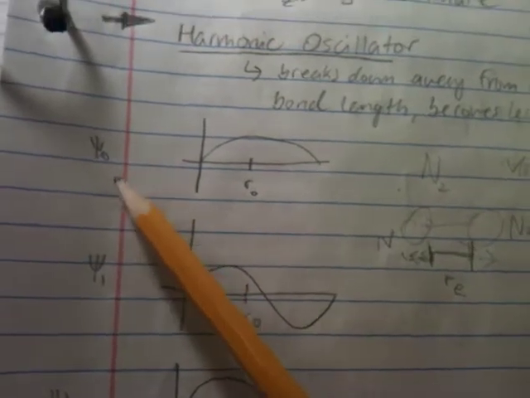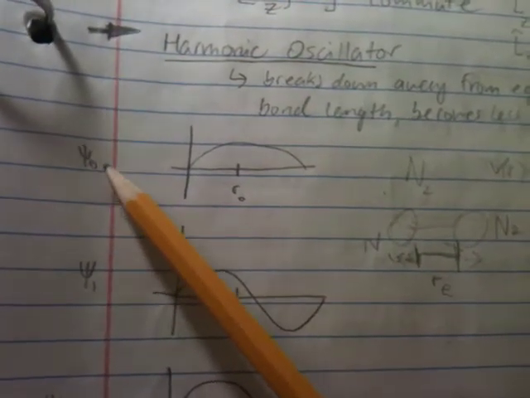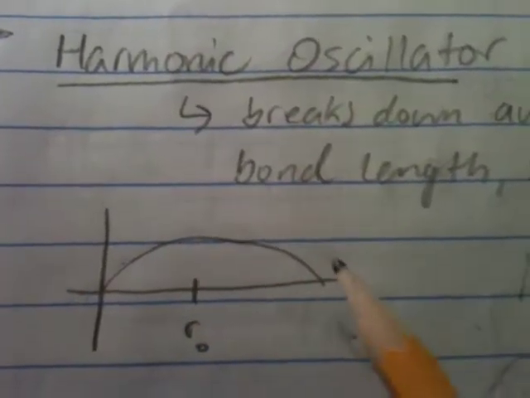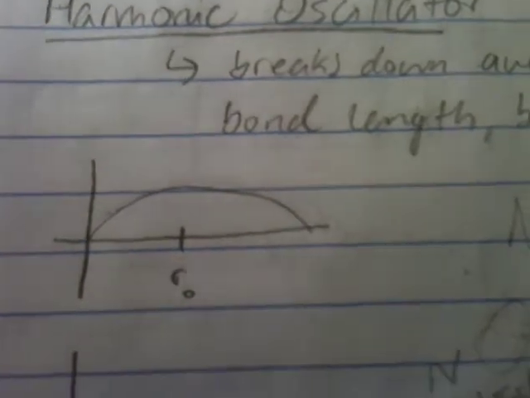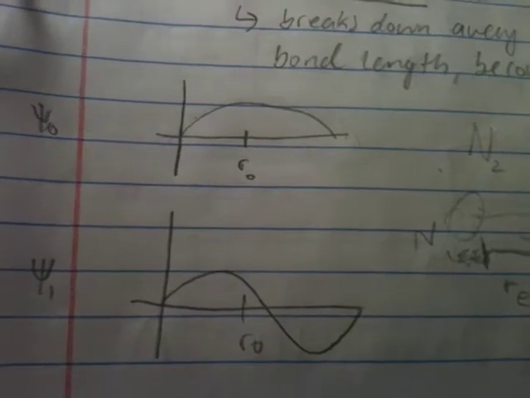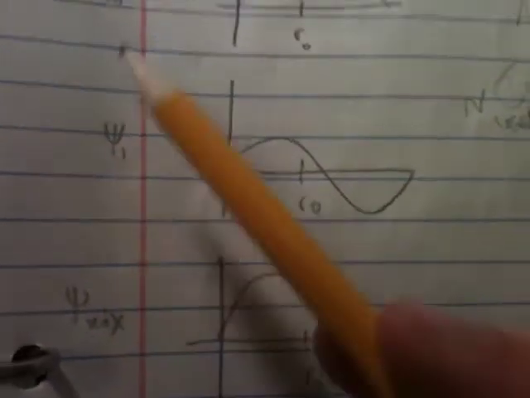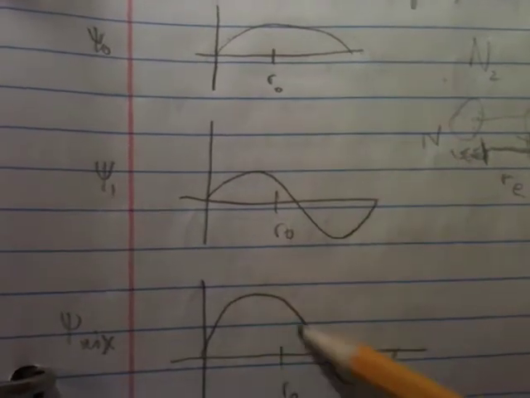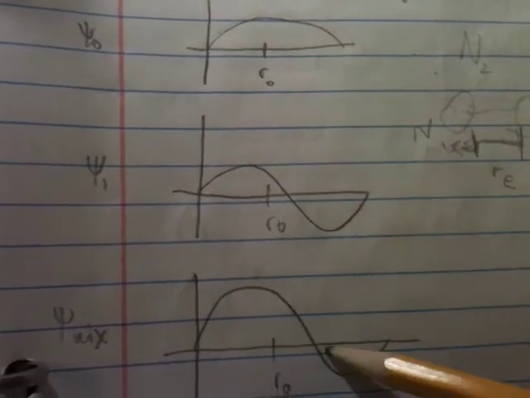So knowing the first couple, three energy states of the harmonic oscillator is helpful. At the n equals 0 state, it doesn't have any nodes, sinusoidal. And if it's one node, this is actually a mixed state where you combine these two halves constructively, and these two destructively.